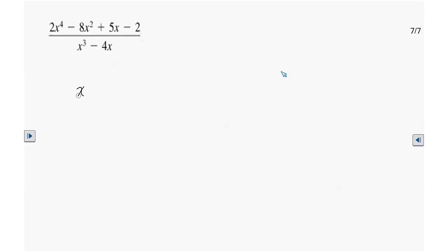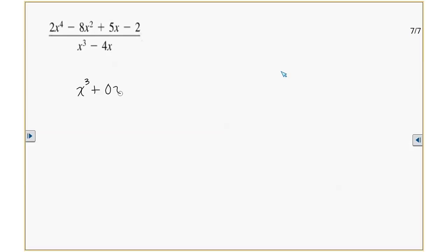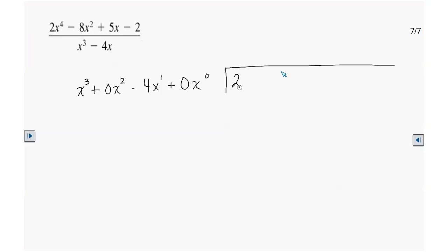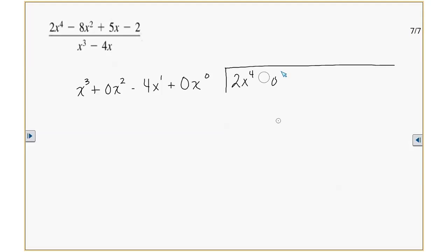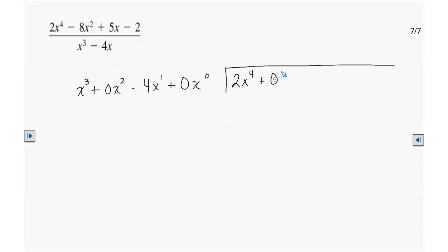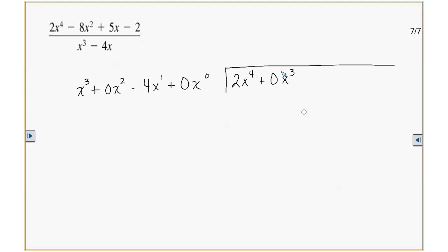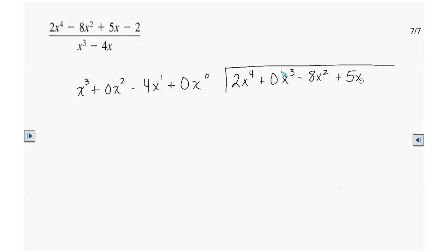So x to the third plus 0x squared minus 4x to the first plus 0x to the 0, divided into 2x to the fourth, minus 8x, no, got to put in a cube, plus 0x cubed minus 8x squared plus 5x minus 2.